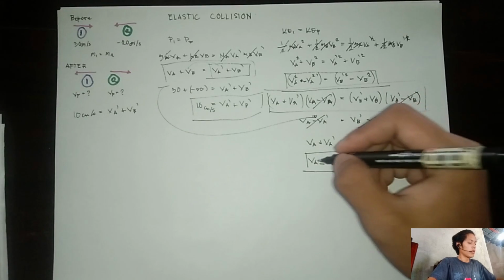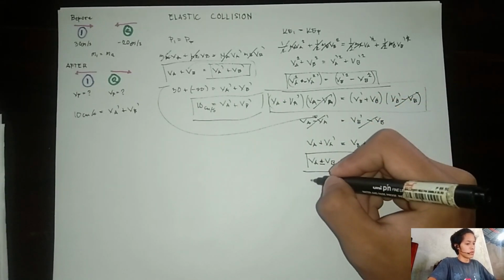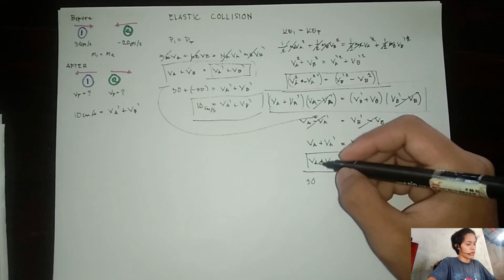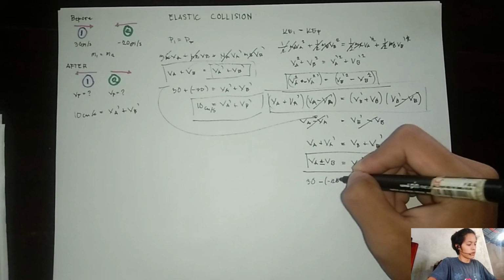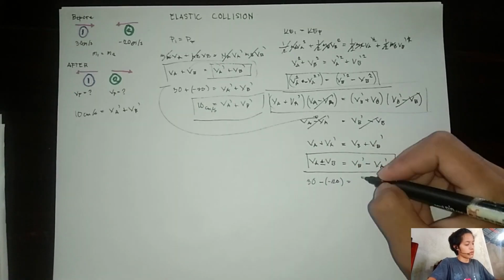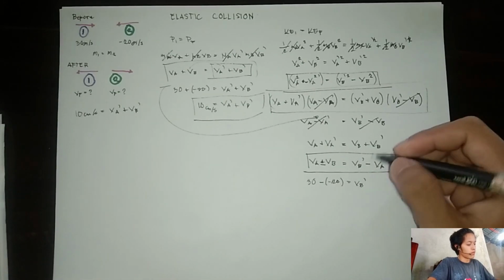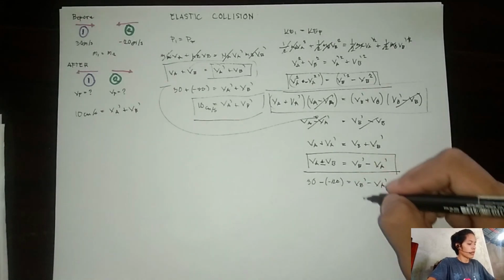Then, ito. Substitute ulit natin yung mga given value na initial. So, 30 cm per second minus negative 20 cm per second is equal to velocity B final minus velocity A final.